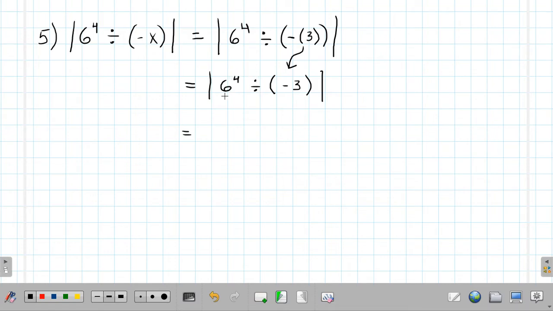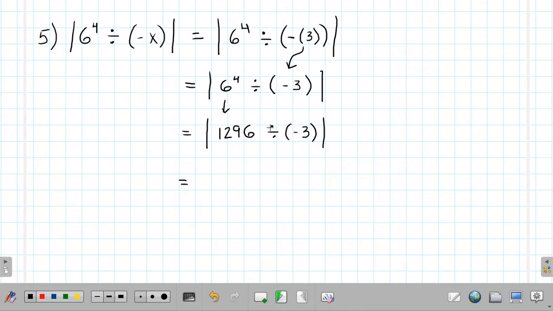Out of those two, we have to do the exponent next. So 6 to the 4th power, you might need a calculator for that. But if you plug that in and double check yourself, you should have gotten 1,296. And once again, everything else is staying the same here.